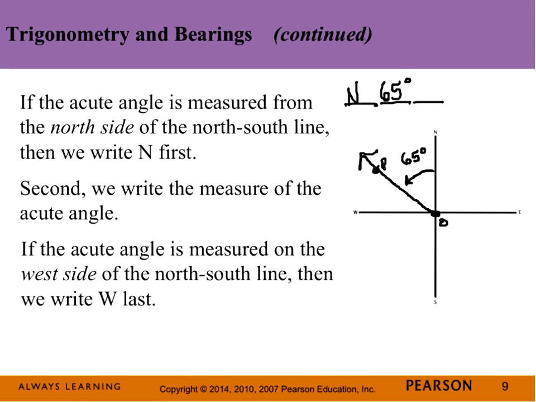So you don't have to worry if I'm talking about this angle here, because when you're talking about bearings, you'd never measure from the east-west. You always measure from the north-south. So north, 65, and then I want to tell which side of the east-west line I'm lying on, and that would be, obviously, the west. So N65W is how you would give the bearings for that particular position.